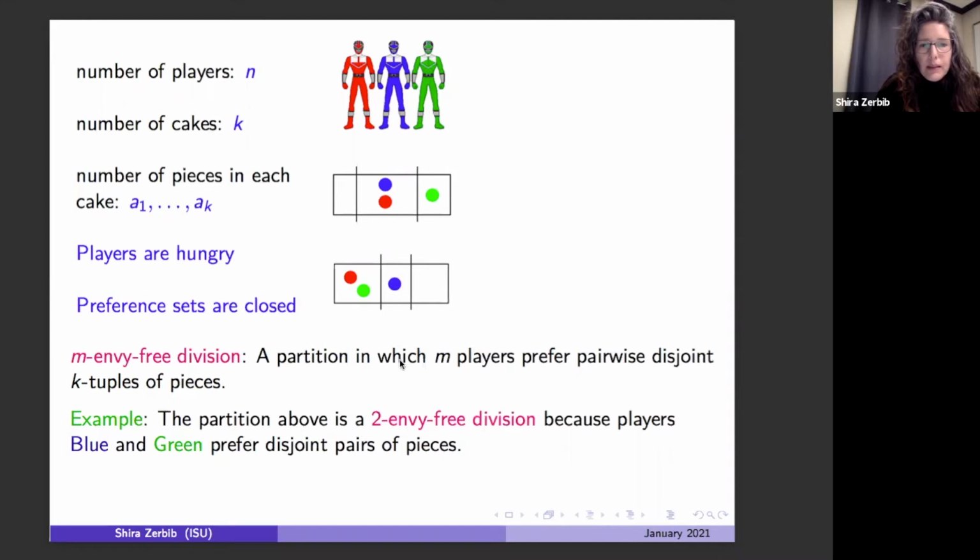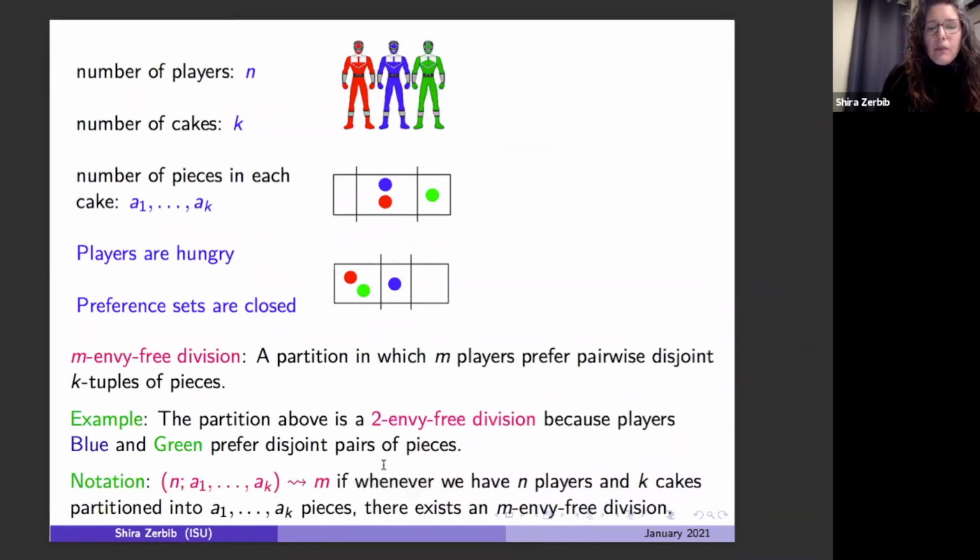So for example, in this partition that we see here, we can see that this is a 2 envy-free division of the two cakes, because we have two players, blue and green, that prefer disjoint pairs of pieces. So we can assign these pairs of pieces to them without them fighting over a piece. And we will use this notation along the talk.